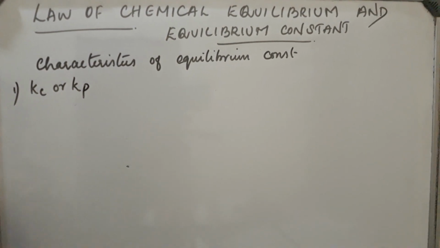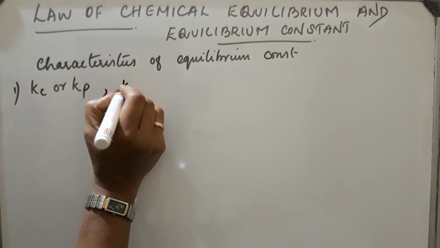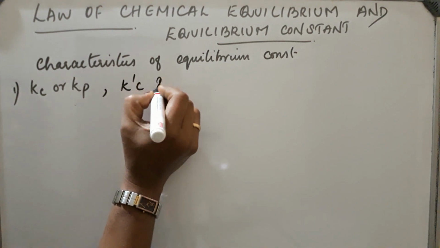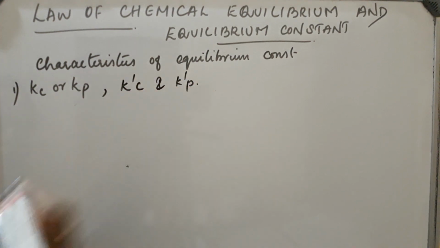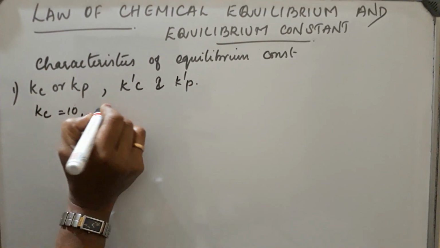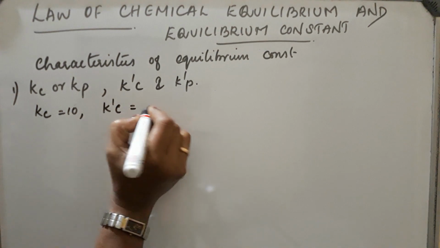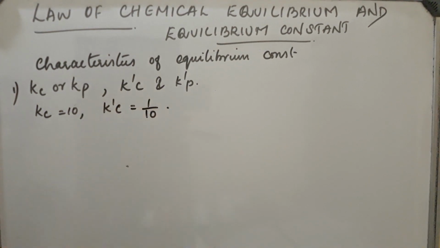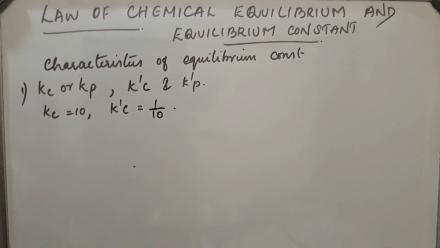Now, if we reverse the equation, their constants become K dash C and K dash P. So, if Kc is 10, what will be K dash C? K dash C will be equal to 1 by 10. Like this, we can find the equilibrium constant of the new equations, if we reverse the equation.